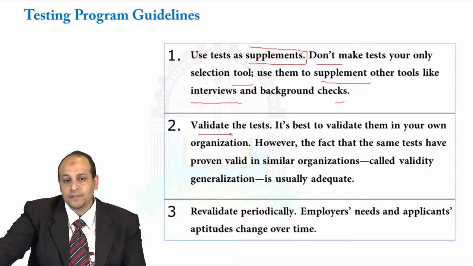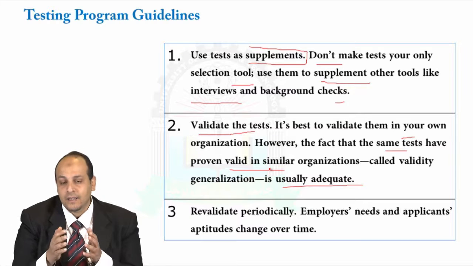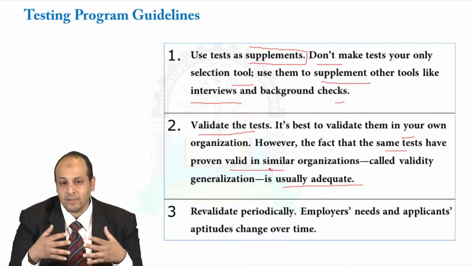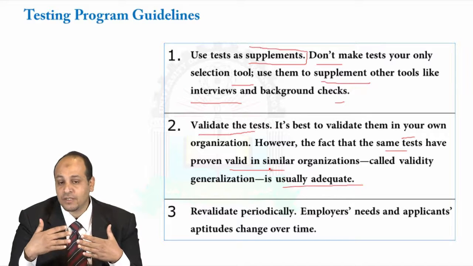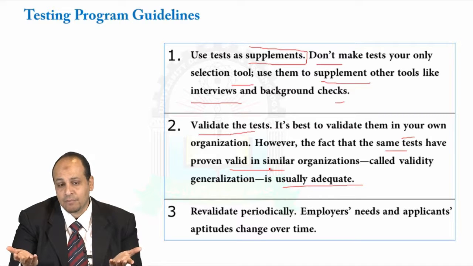Another tip here: validate the tests, which is very important. It is best to validate them in your own organization, as you saw. However, the fact that the same tests have proven valid in similar organizations, called validity generalization, is usually adequate. That is why when we talk about the industry level, we're talking about similar organizations that usually conduct similar tasks, like universities, as an example.